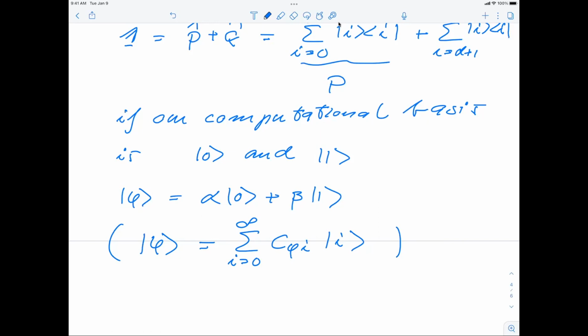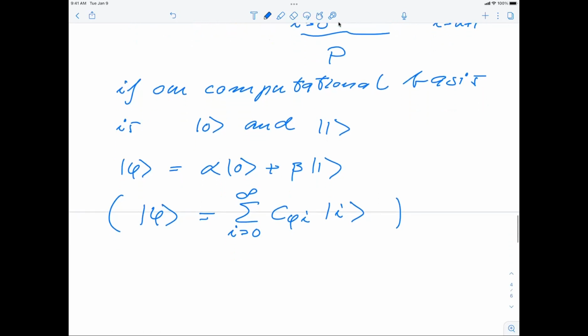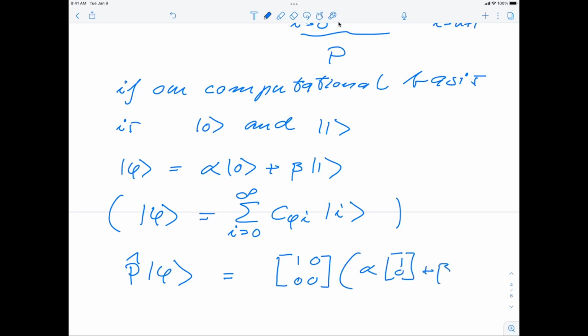So when you now go back to these operators, if you look at this operator P acting on the state phi, what that one is doing is that it will project out the component 0. So it's going to project out a specific component of the full wave function. So this is going to be given by this matrix, which has 1, 0, 0, 0, acting on alpha times (1, 0) plus beta times (0, 1).